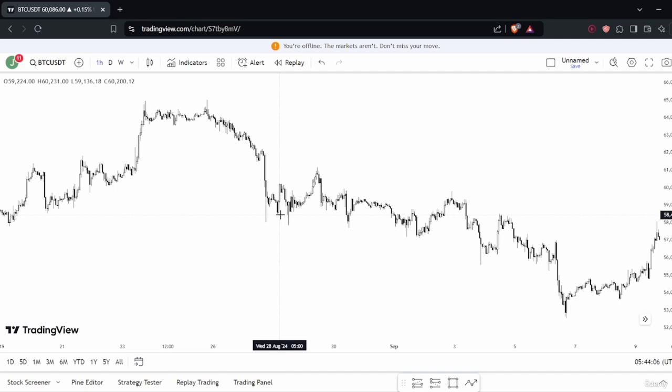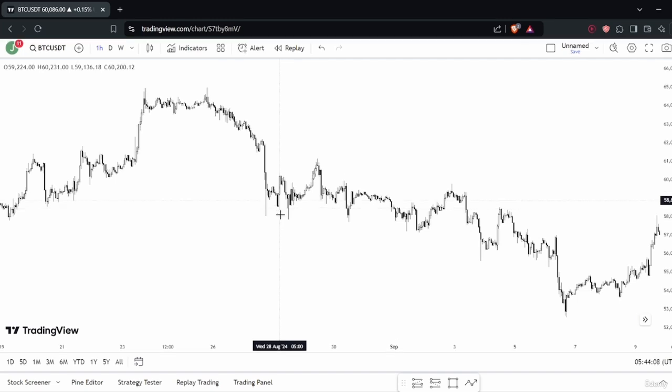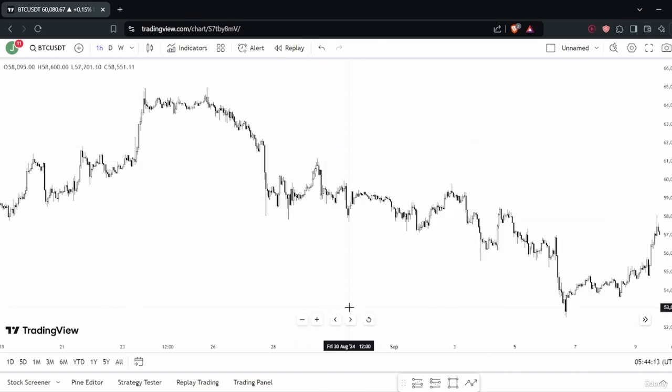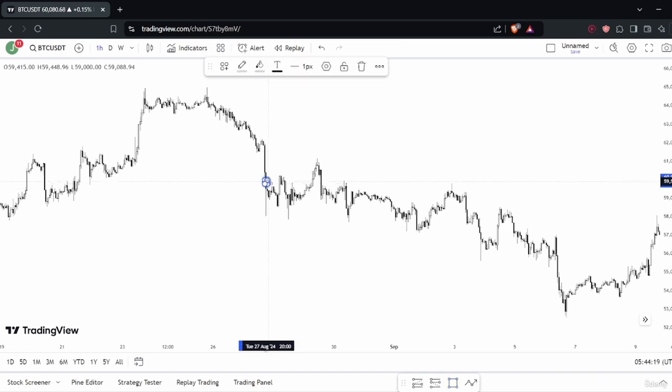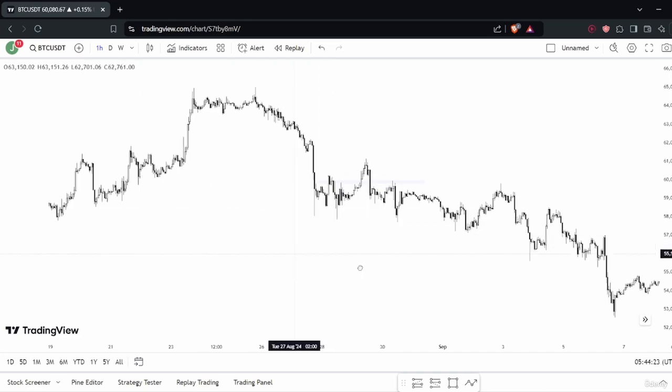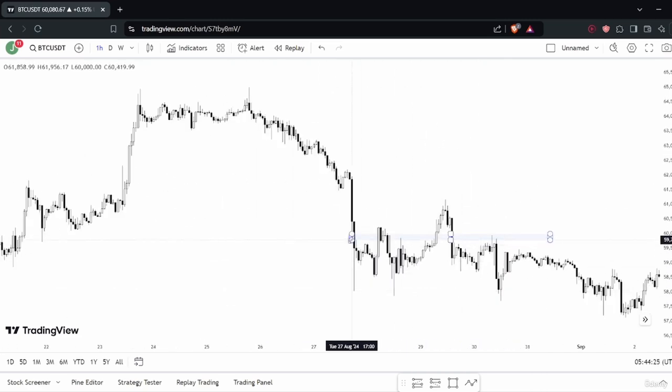We want to sell when price is expensive and we want to buy when price is cheap. That's the key concept. Also, we do not care, like I already said in previous videos, if there's a fair value gap or order block in a discount when we're in a premium market, in a down market.